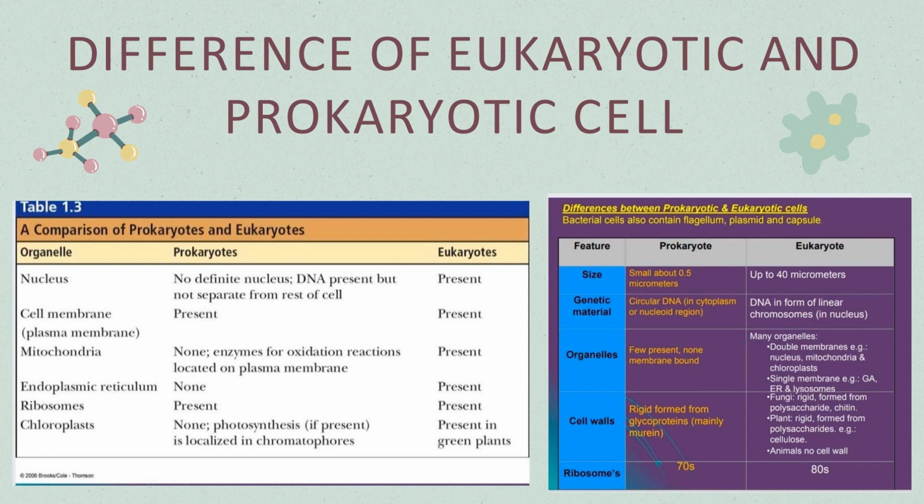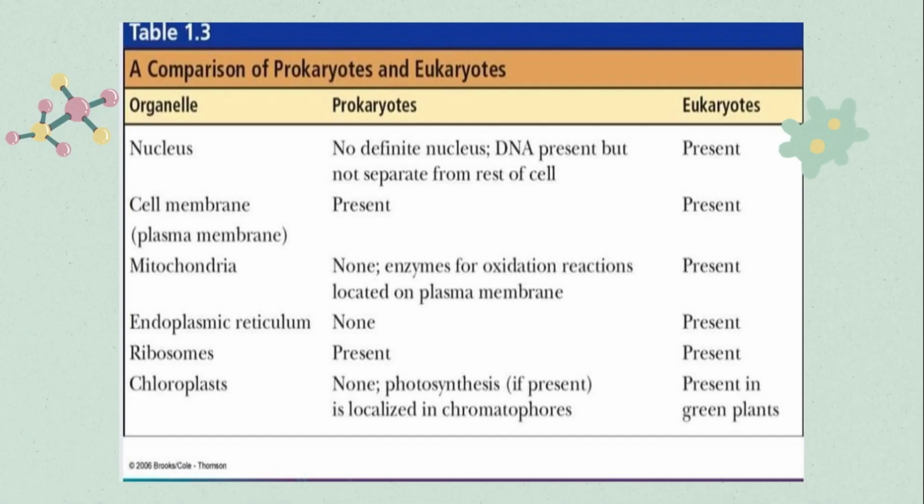So today, I will be talking about the difference between prokaryotic and eukaryotic cell. The difference between eukaryotic and prokaryotic cell is that, as we can see in the first picture, the table 1.3, in nucleus, the prokaryotic has no definite nucleus, DNA present but separate from rest of cell, while in the eukaryotic, the nucleus is present.